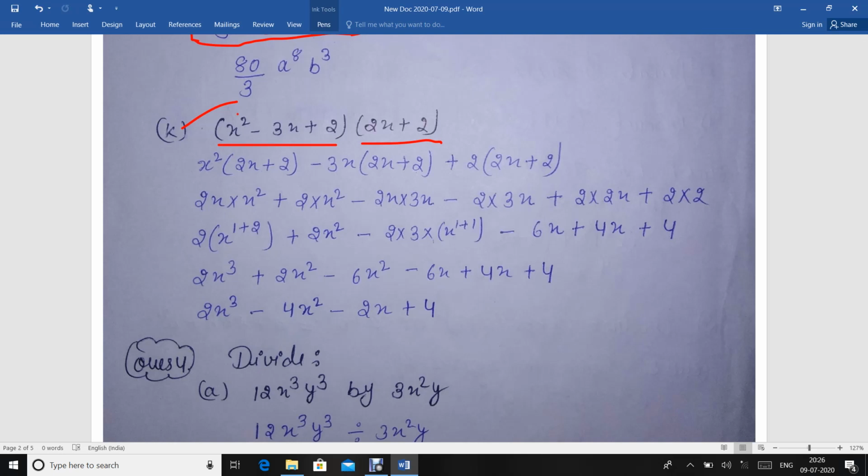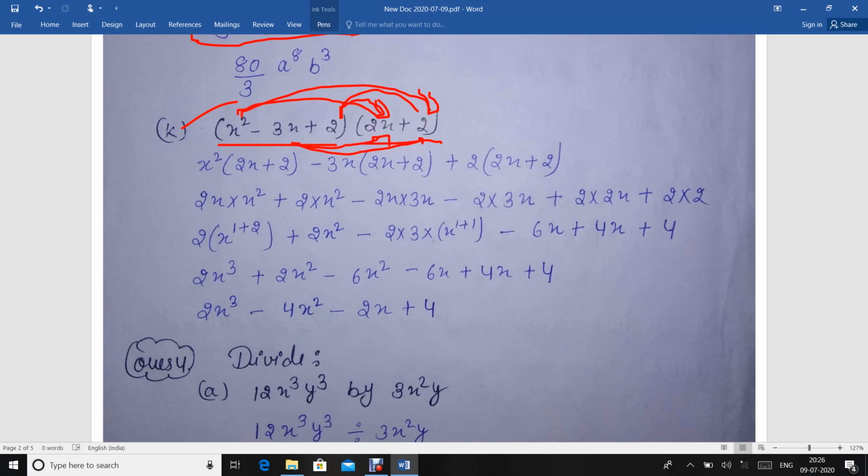Means you need to multiply x square by 2x and also x square by 2. Similarly, you need to multiply 3x by 2x and also 3x by 2. Similarly, you need to multiply 2 by 2x and 2 by 2. So how is it to be solved?